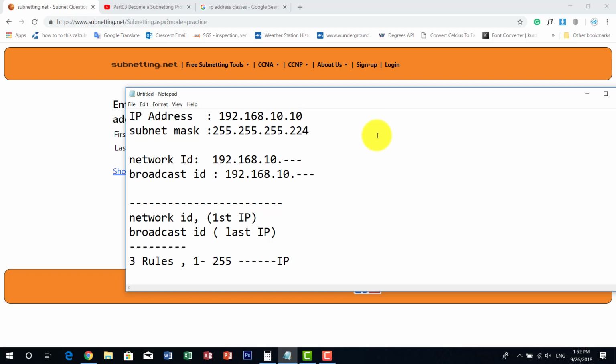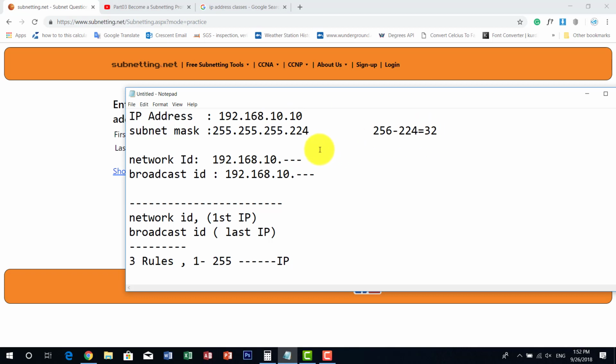So for this, we say 256 minus the given subnet mask 224 equals 32, and this 32 should be incremented until you get a number which is at least larger than our IP address. But as you see, it is already bigger than the given IP address.